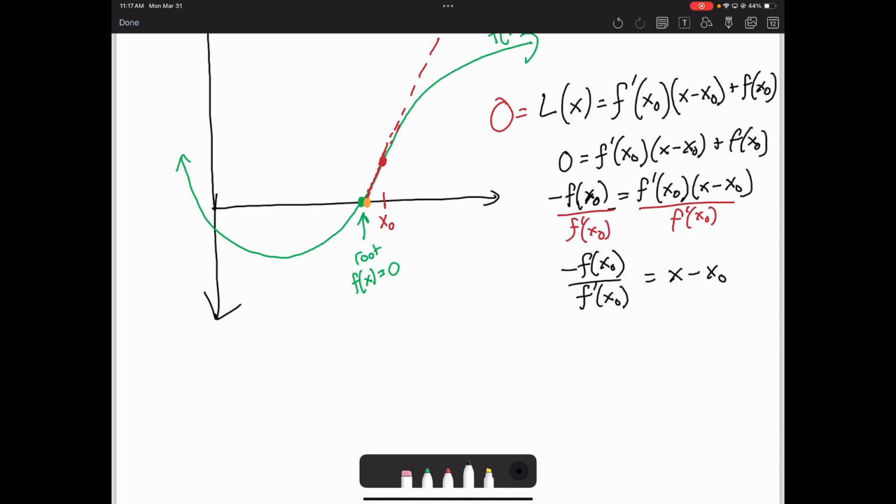Then I can just add x sub 0 to both sides, and I'm left with x sub 0 minus f of x sub 0 over f prime of x sub 0 equals x. So I can mathematically solve for that new x value, and like we said, that becomes my next guess.